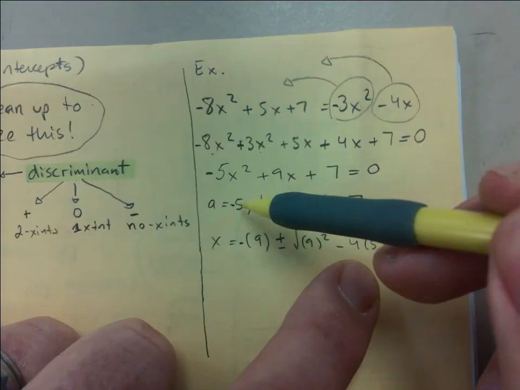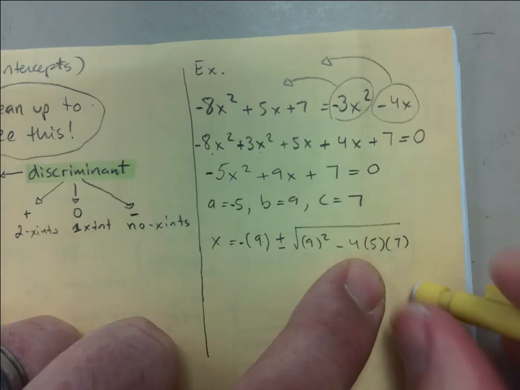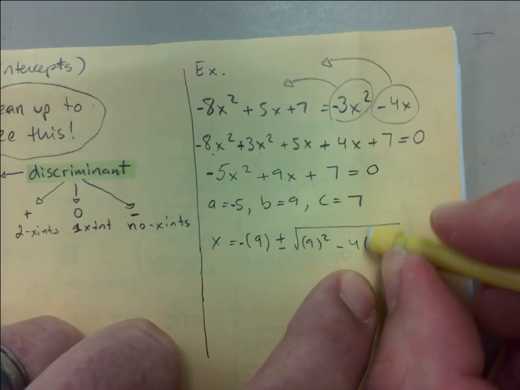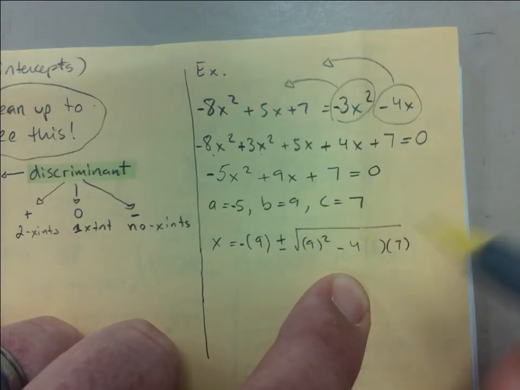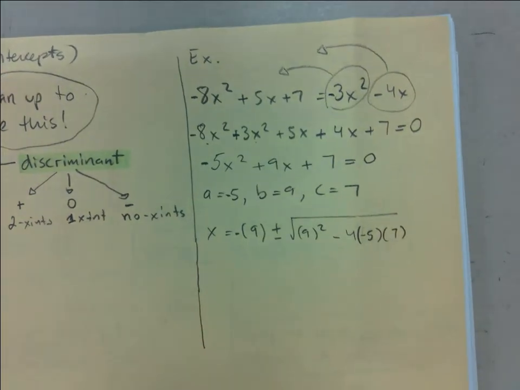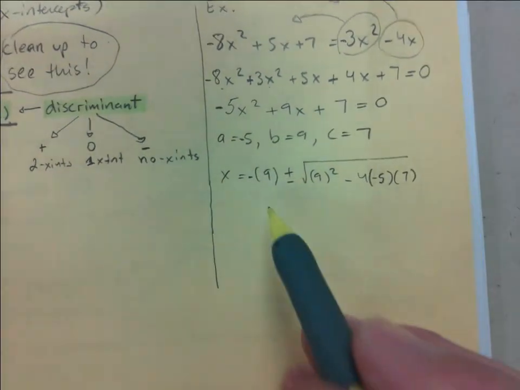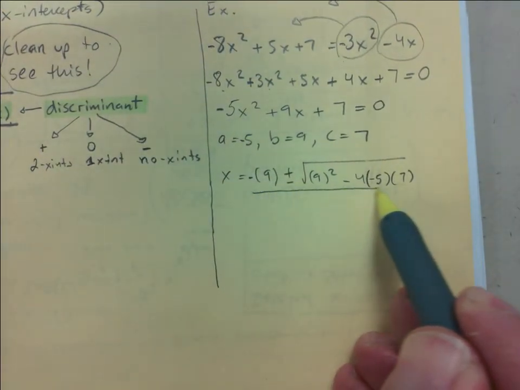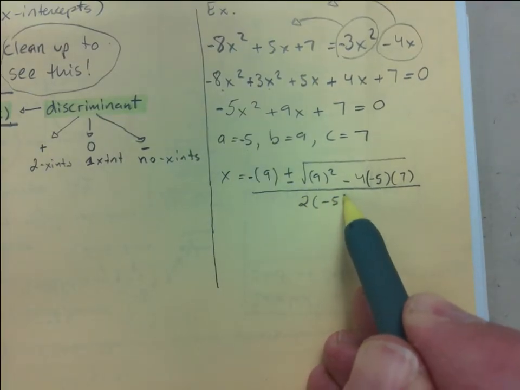I just have to make changes to this value right here because a is negative 5, so I've got to make that a negative 5. Copy that part. And then I want you to go over 2 times a, which is 2 times negative 5.